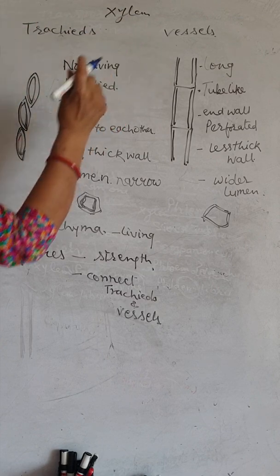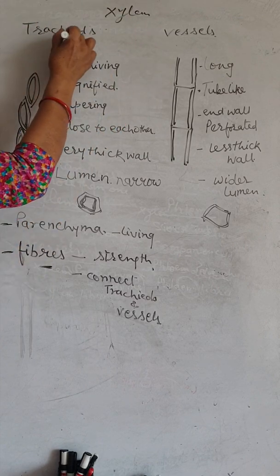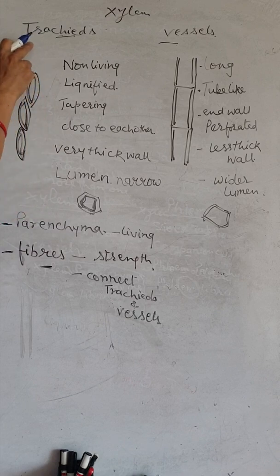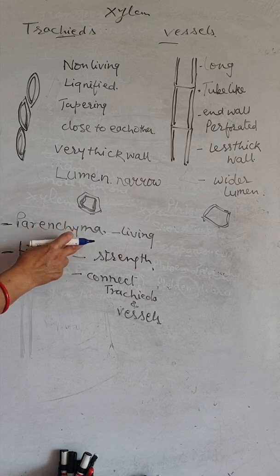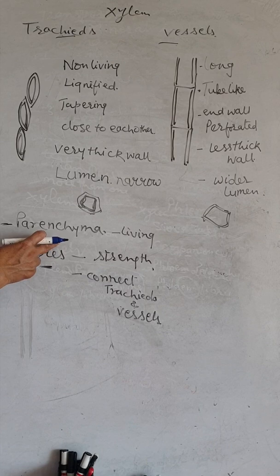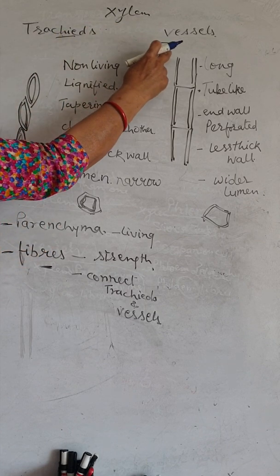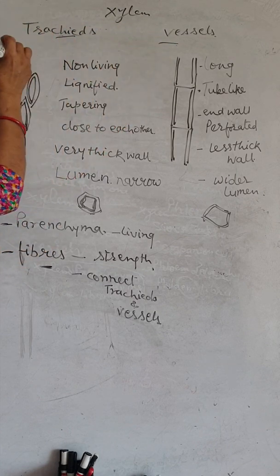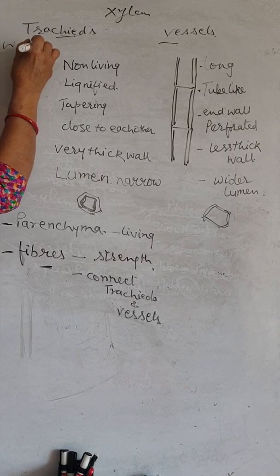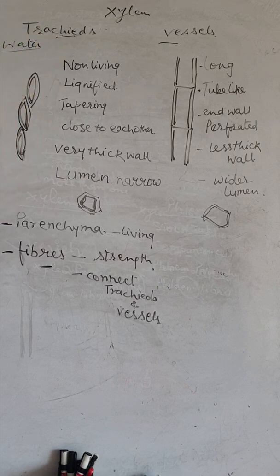Tracheids, vessels and fibers are made up of non-living cells. The parenchyma is the only living cells of the xylem. The tracheids and vessels both are water conducting tissues.